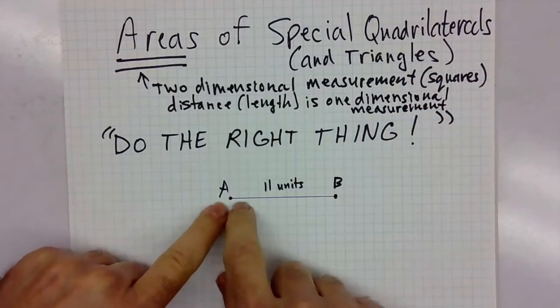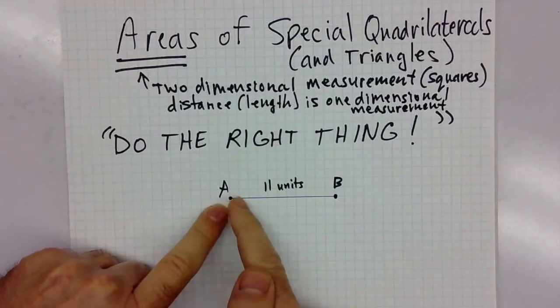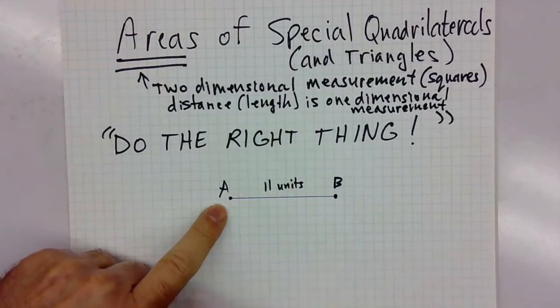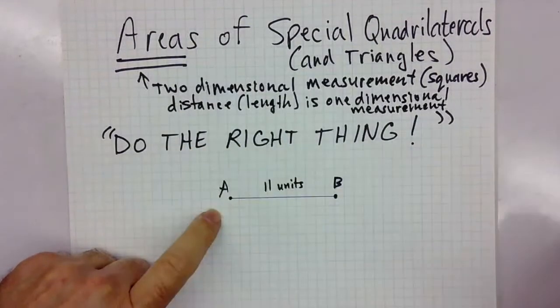If I'm measuring the distance, I'm not using squares to measure it, right? I'm just using one-dimensional units. The unit might be a centimeter, it might be an inch, it might be a mile, but it only has one dimension, which is its length.